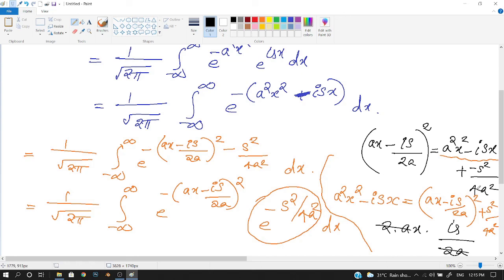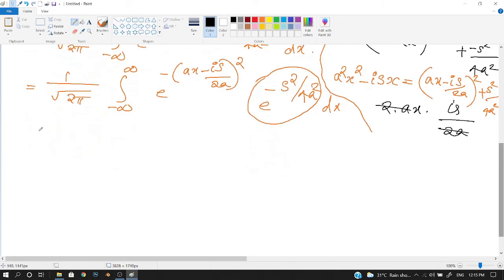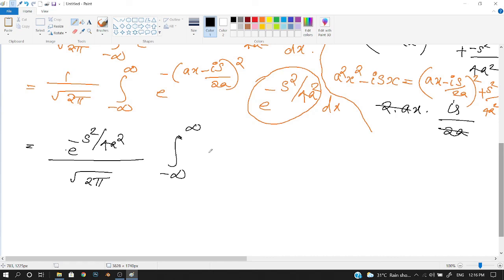So we have e raised to minus s square divided by 4a square divided by root 2 pi, then inside the integral sign you have integral from minus infinity to infinity e raised to minus of ax minus is divided by 2a the whole square into dx.